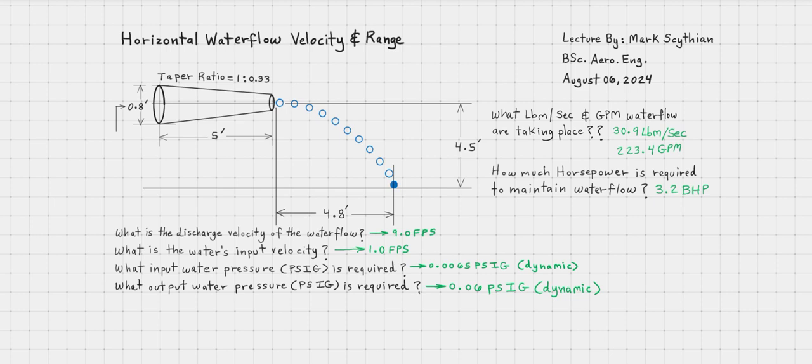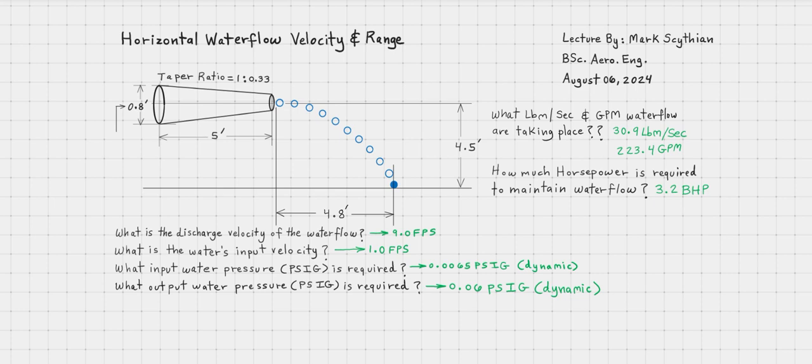This would result in the 9.0 feet per second output velocity, yielding a 4-foot range if the duct is 4.5 feet above ground, and then the input velocity of 1 foot per second, 0.0065 psig dynamic pressure on the input side, 0.06 psig dynamic on the output side, and 30.9 pounds per second mass water flow, or 223.4 gallons per minute.